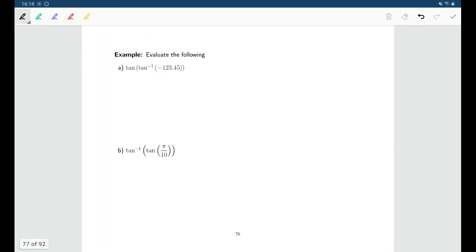So for the first one, this is the easiest one. This number, -123.45, whatever that number is, it is in the domain of tangent inverse, which means that tangent will cancel out tangent inverse, giving us -123.45.